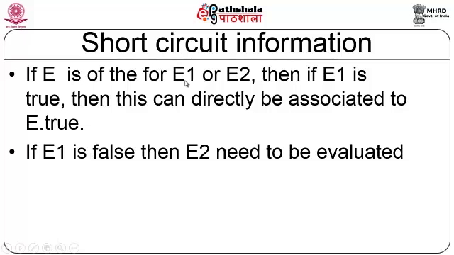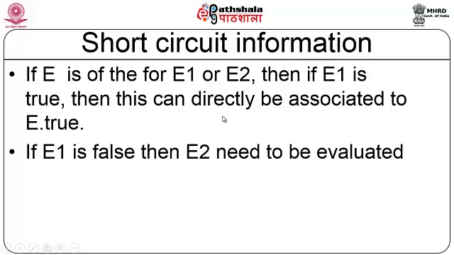If it is an AND operator, then if E1 is false, I need not even look at E2. On the other hand, for an OR operator, if E1 is false, only then I will evaluate E2, because with two expressions connected by an OR operator, if one of them is true, the expression itself is true. So that is your understanding.